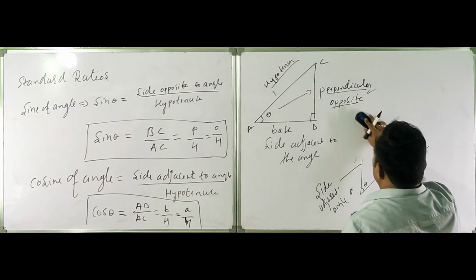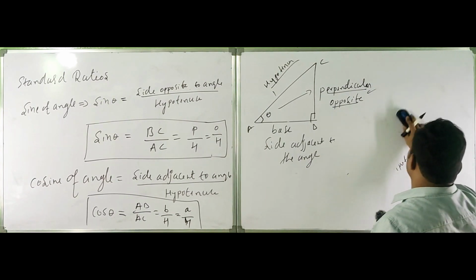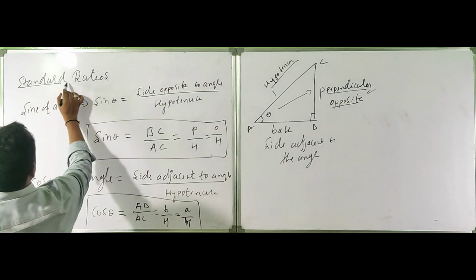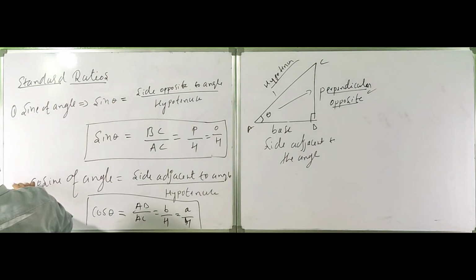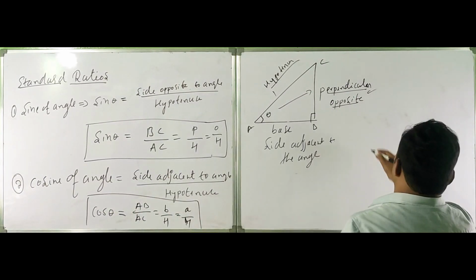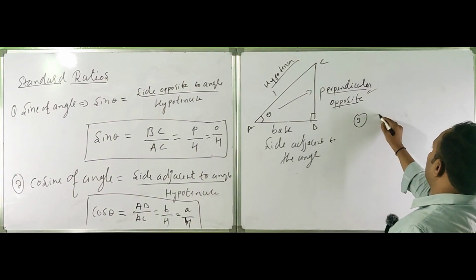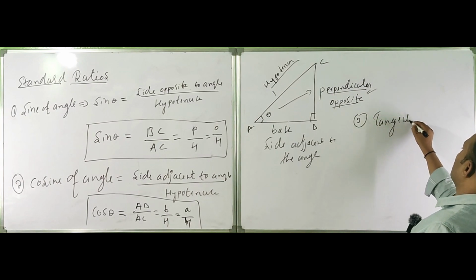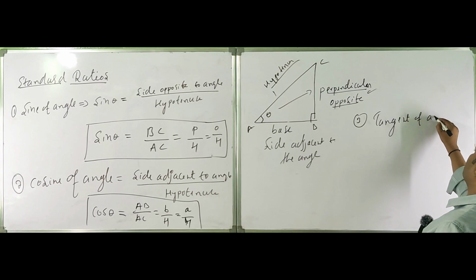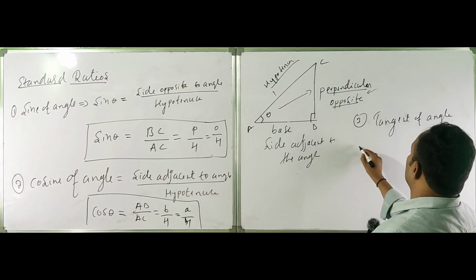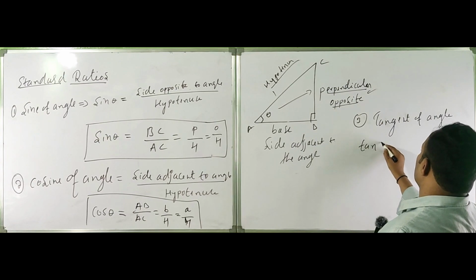These are the standard ratios: 1, 2, 3. The third one is the tangent of theta, the tangent of the angle, referred to as tan theta.